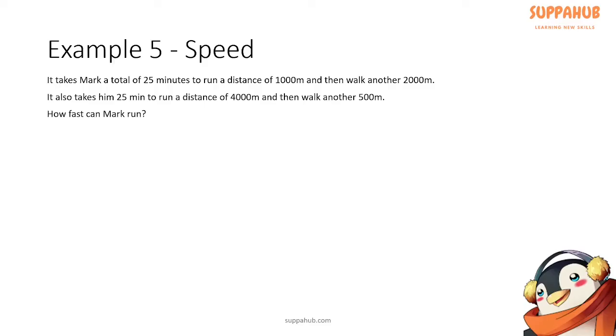Speed is usually expressed as kilometers per hour or miles per hour, or in this case meters per minute, because they give you meters and minutes. That's speed, it's always over time.